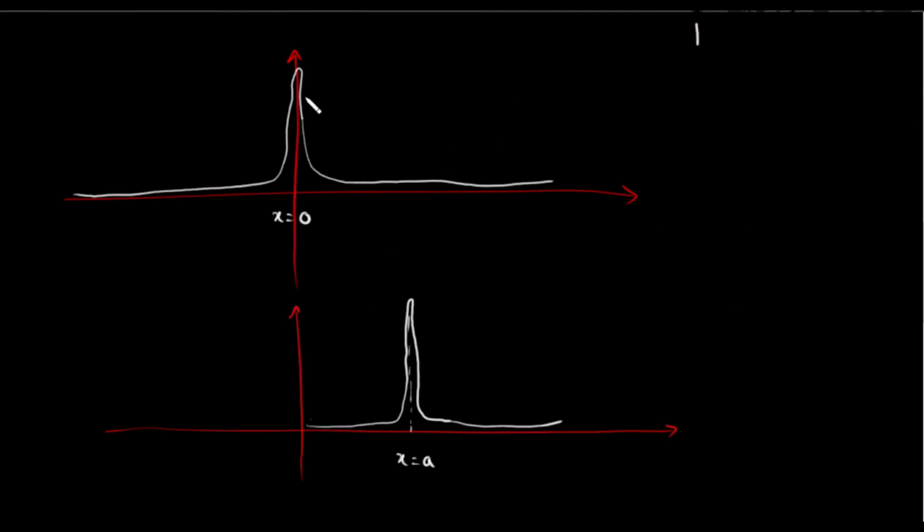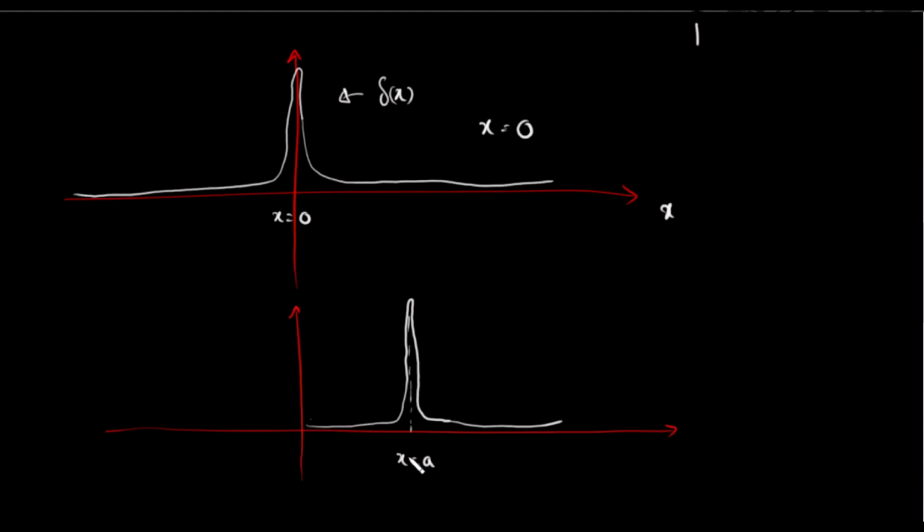Right now you can see that this is the Dirac-Delta function when x equals 0. Now I'm going to shift this delta function to a different place. So we have this delta function at x equals a. This Dirac-Delta function is no longer at x equals 0 but at x equals a.